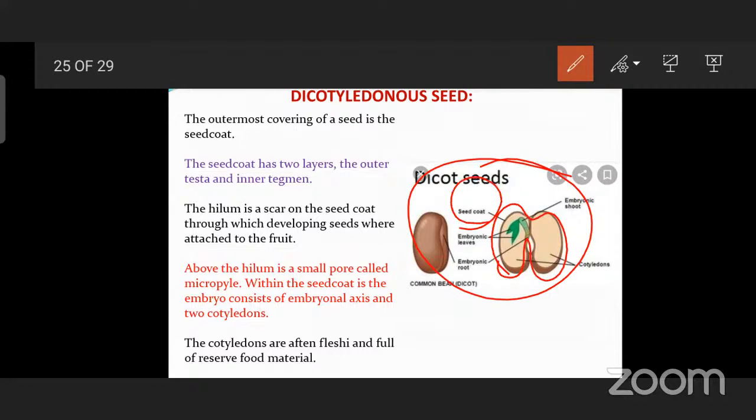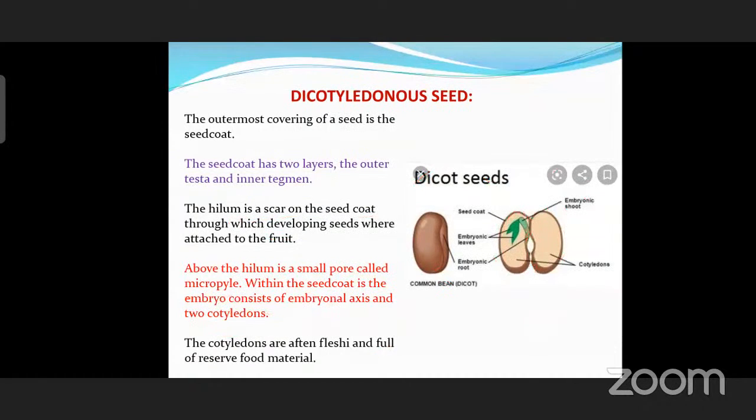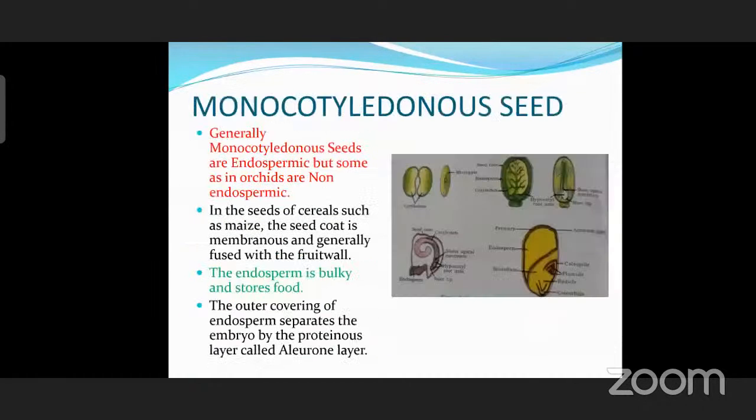The seed coat has two layers, the outer layer called the testa and the inner called the tegmen. The hilum is a scar on the seed coat through which the developing seed was attached to the fruit. Above the hilum is a small pore called the micropyle. The seed consists of the embryonal axis and two cotyledons, which are fleshy and full of reserve food material. This is the dicotyledon seed.